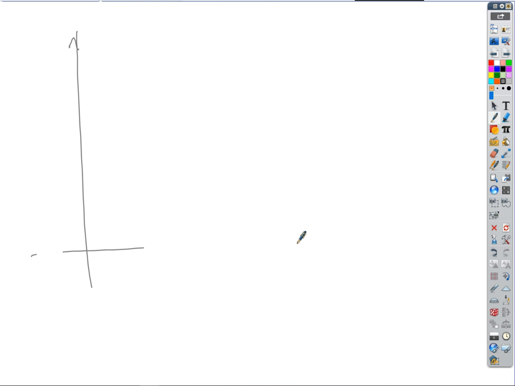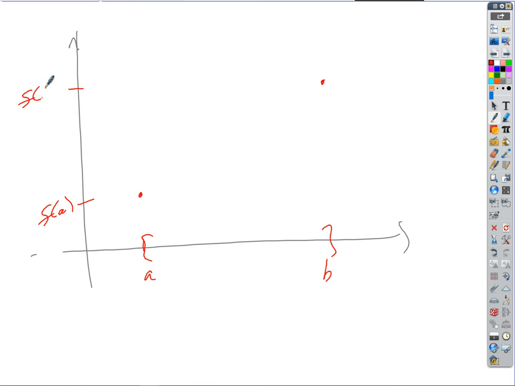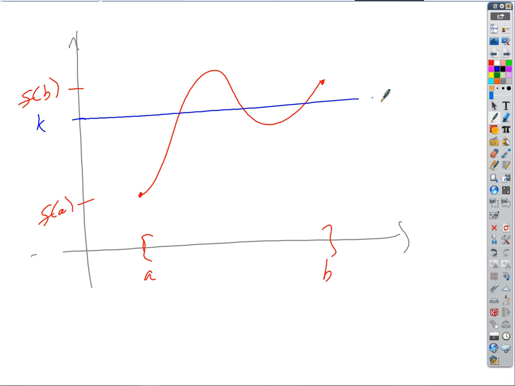So this is the picture that we drew, and it works fine. If that's a and that's b, and let's just say this is f of a, and this is f of b, and the function is continuous, so I can draw it without picking my pen off the board, then if there's a value k that's between f of a and f of b, guaranteed, there's got to be at least one place where the value of the function is equal to k, and we call that point c, right?